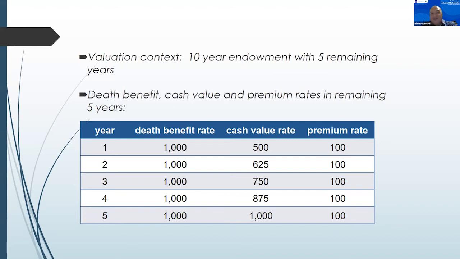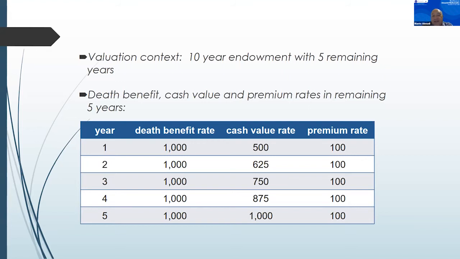You can use different units, of course. $100 or maybe 100 million rupiah per year. The five cash values in the next 5-year period are given in that cash value column: 500 units at the end of this next 1-year period, 625 at the end of 2 years from now, 750 at the end of 3 years from now, and eventually 1,000 units at the end of 5 years from now.